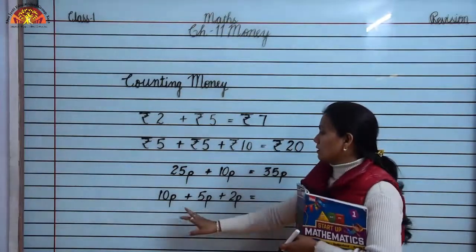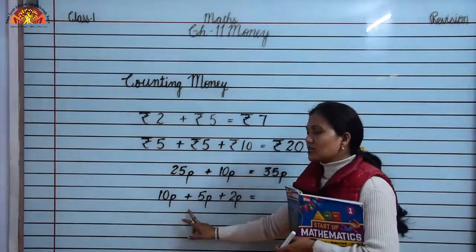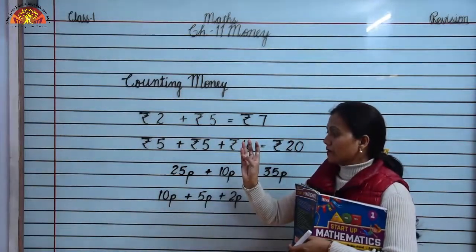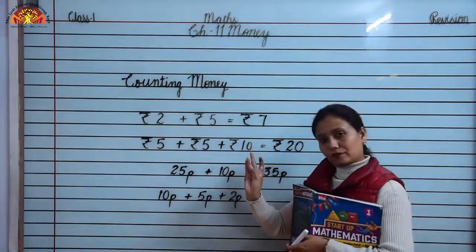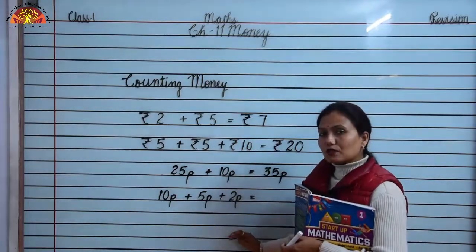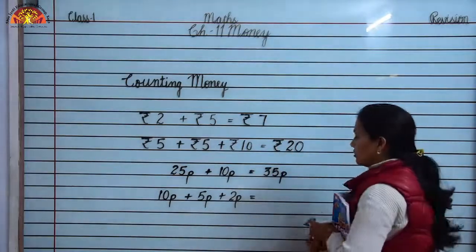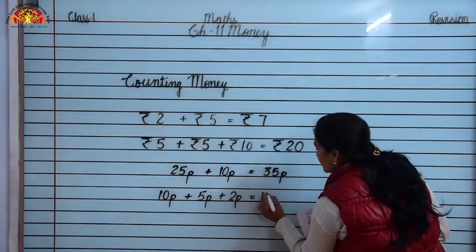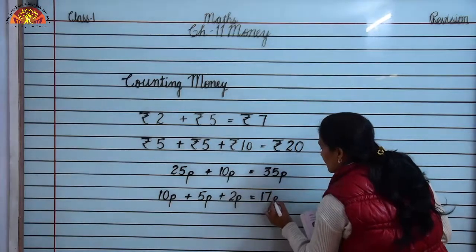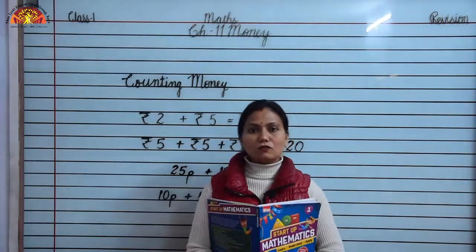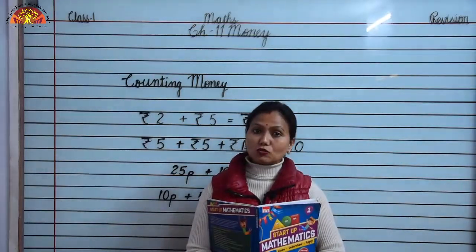So first of all we will add this. 10 plus 5 is equal to how much? Start counting. 11, 12, 13, 14, 15. And 15 plus 2 is, count after 15, 16, 17. So we will write here 17 paisa. Hope you all have understood what is money, how to count money.